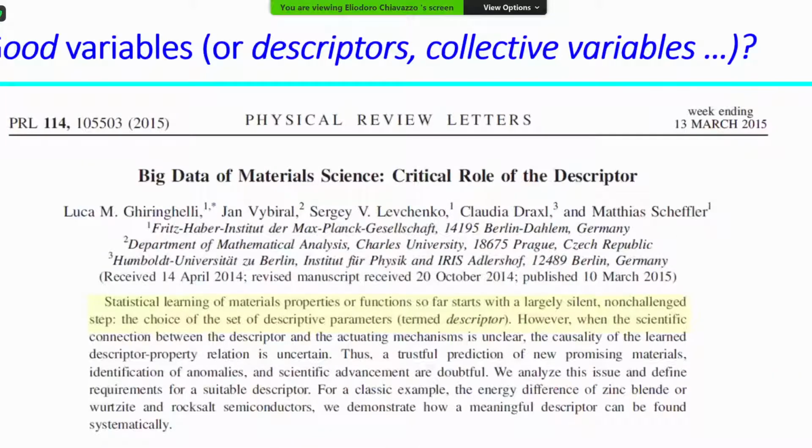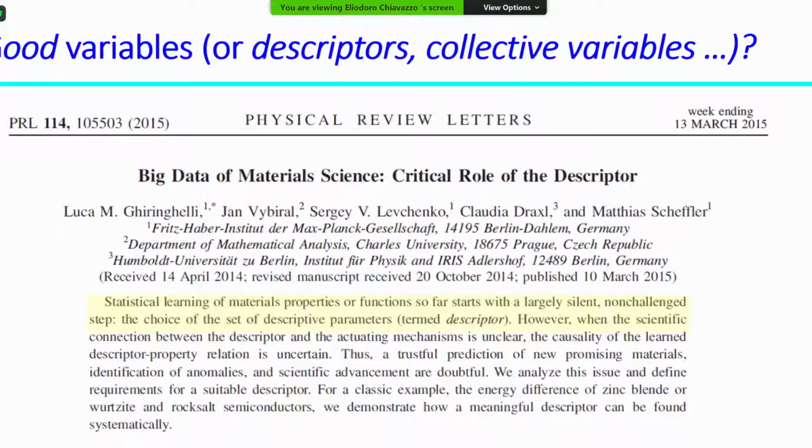So I would really like to stress the fact that these good coarse variables are key, not only in kinetic models, but also in general in material science.